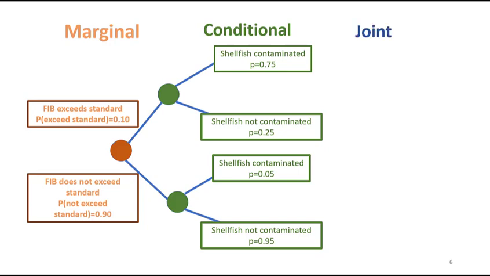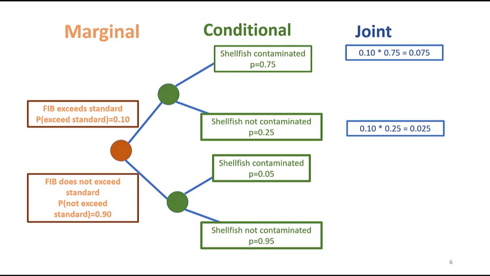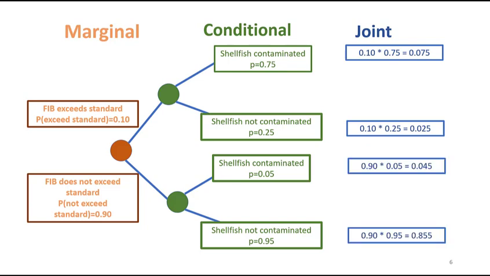So we just multiply straight across. 0.1 times 0.75 equals 0.075, 0.025, 0.045, 0.855. And we know that all of the joints, those four probabilities in this case, should sum to 1. So please stop the video and fill in your probability tree to look like this.